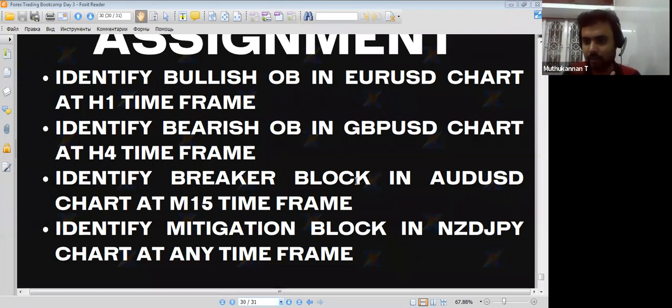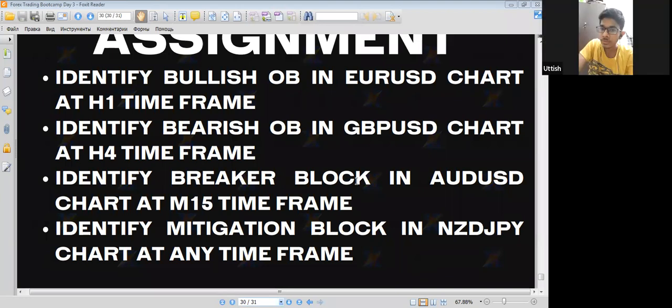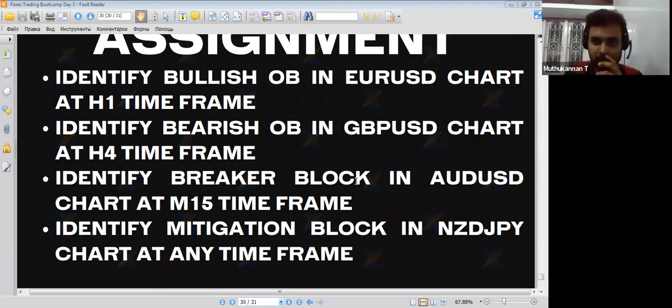It will not go negative, so you need not pay more than that. If it goes below zero, everything will be zero. Your account will be zero.